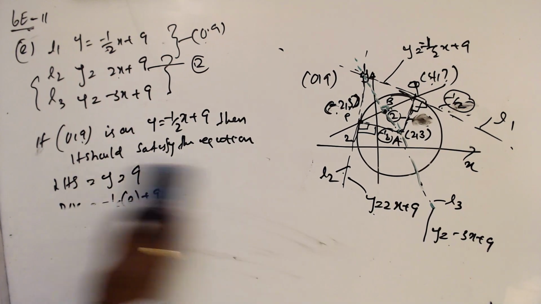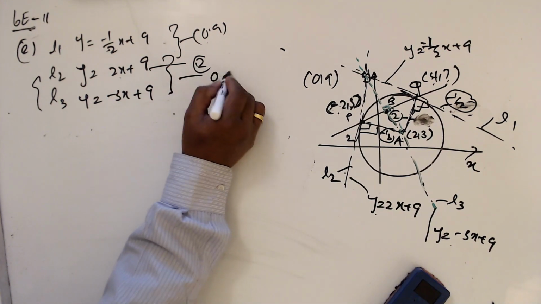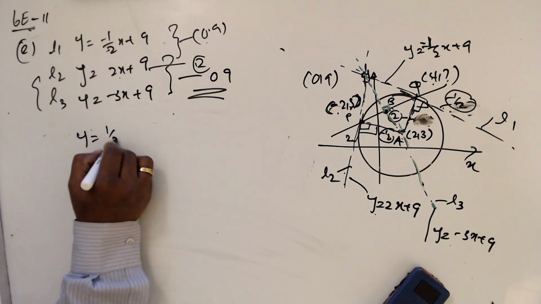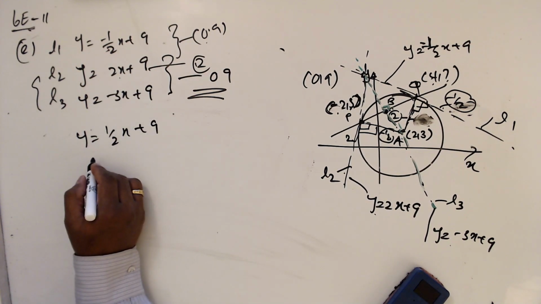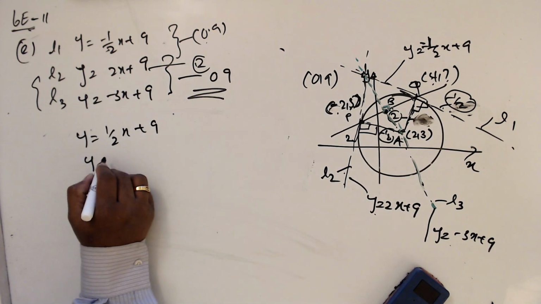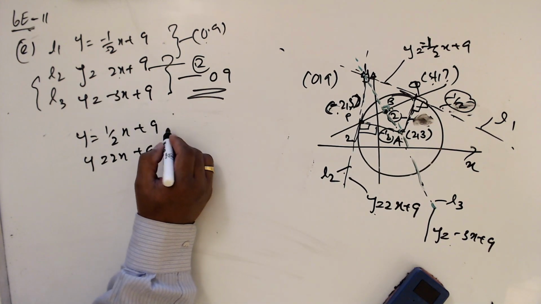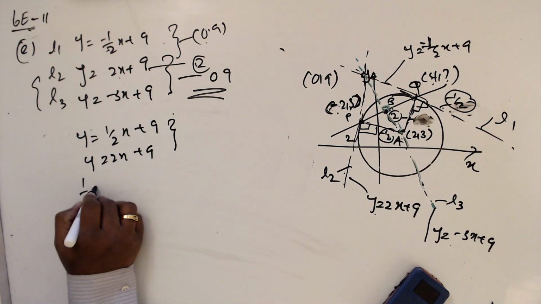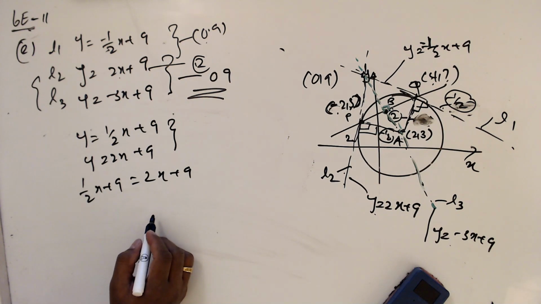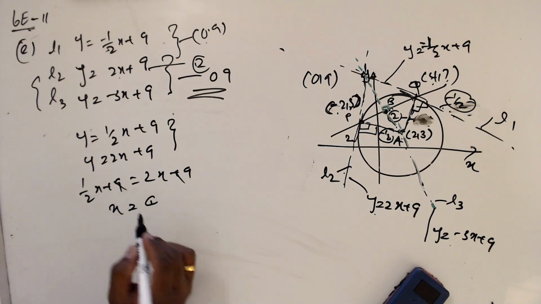Or you can use this one. When you solve this one, the answer is (0, 9). Take those two: y equal minus half x plus 9 and any of these equations, I'll take y equal 2x plus 9. Solve those two equations now. So minus half x plus 9 equal 2x plus 9. Then 9 and 9 cancel out. x equals 0.